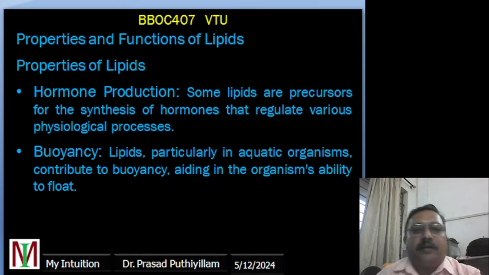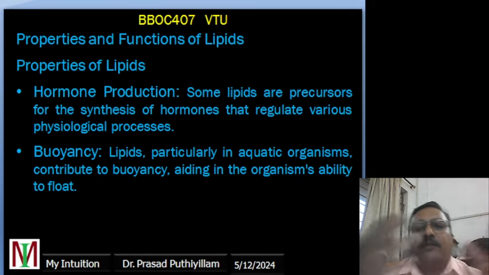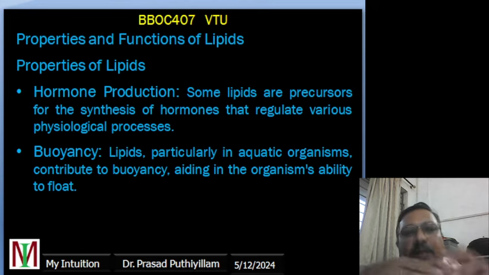Lipids are very useful in this case, as they are less dense compared to water. So this property of lipids allows aquatic organisms to regulate their buoyancy, to float in the water or to maintain a particular height or depth.